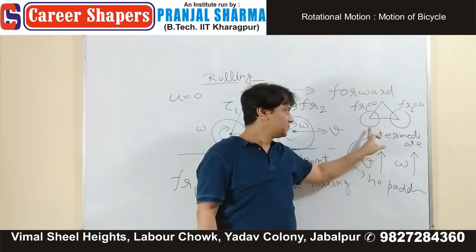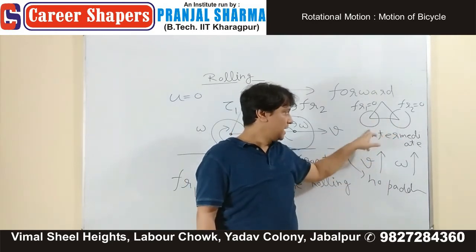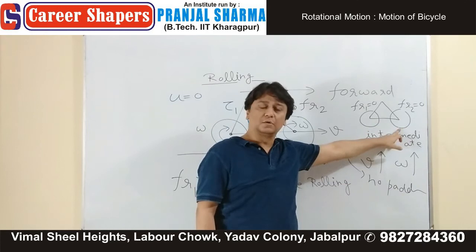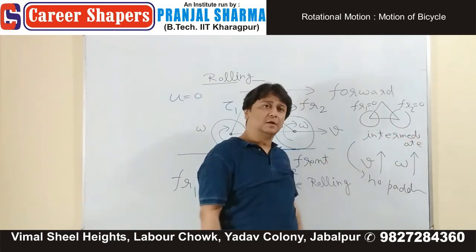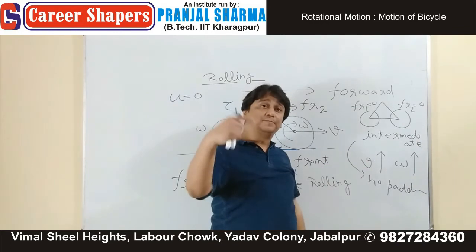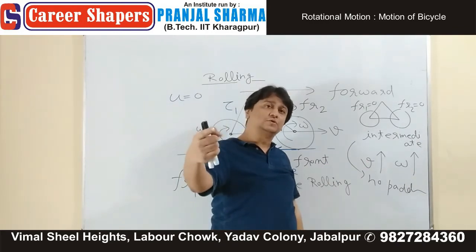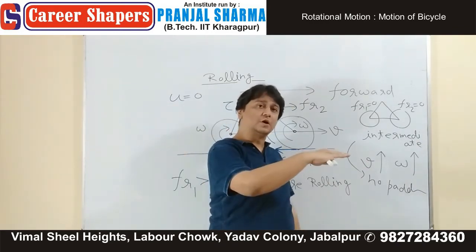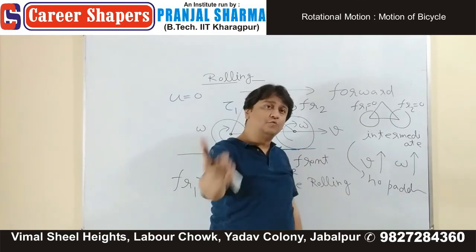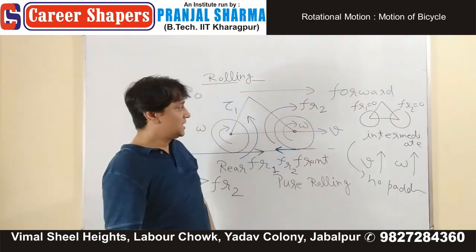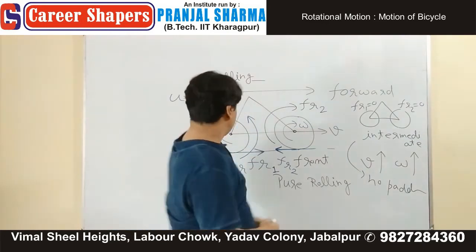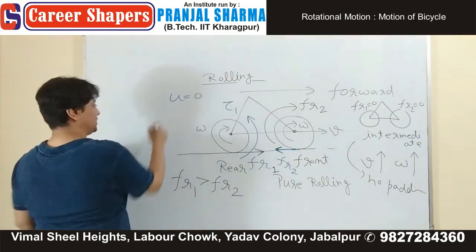No friction is present between this wheel and the ground, between this wheel and the ground, which is that pure rolling statement: in the absence of external forces, pure rolling on the horizontal surface, no friction is present. That's the situation. Now let's discuss the final situation.